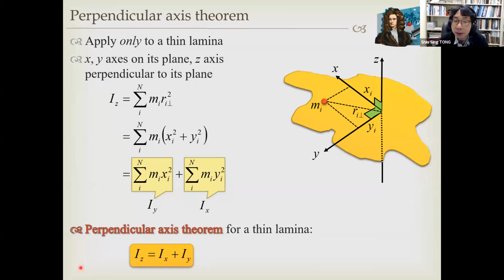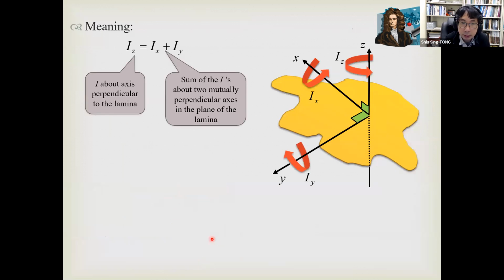So I now obtain a very simple and elegant formula. The moment of inertia about the perpendicular axis, the z-axis, is equal to the sum of the moments of inertia about the 2 axes that lie on the plane of the lamina: Iz equals Ix plus Iy. So we have a diagram like this.